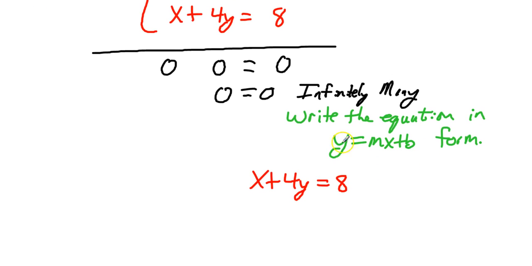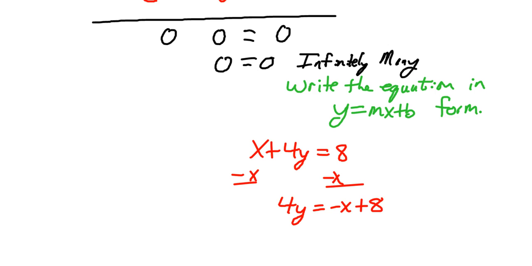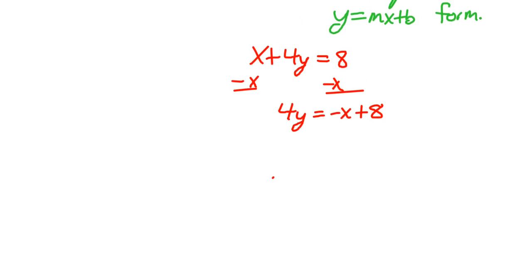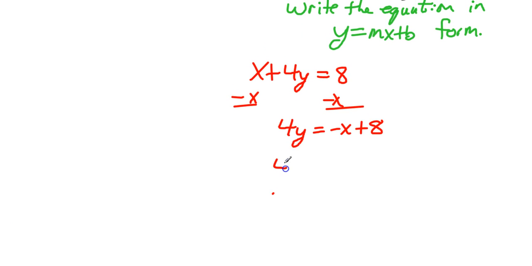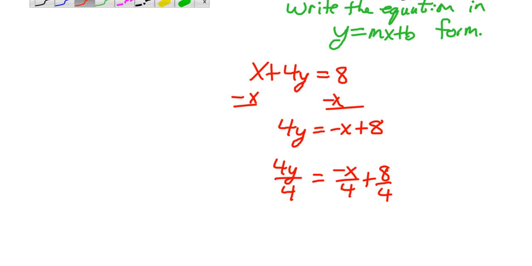To get that equation in y equals mx plus b form, you're going to get rid of the x first. So we've got 4y is equal to negative x plus 8, and then go back and divide everything by 4. Alright, so when you do that, the 4's cancel.